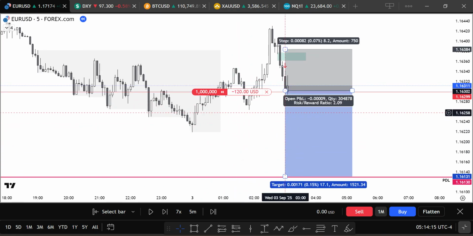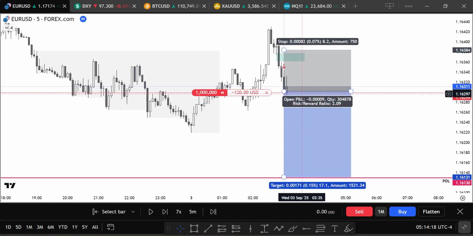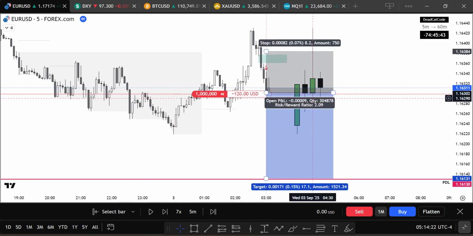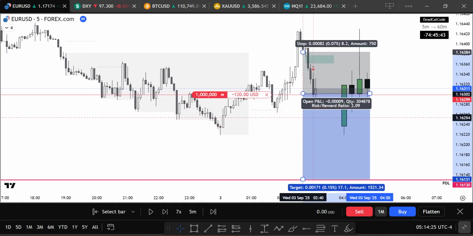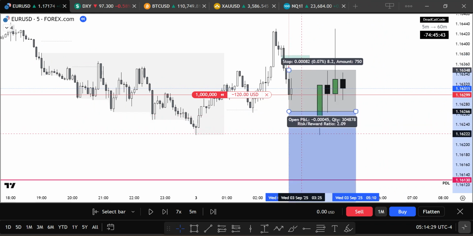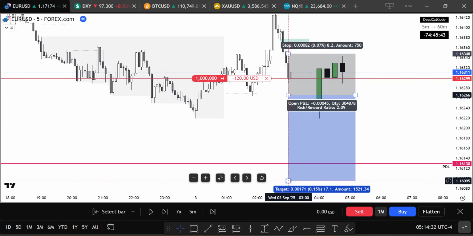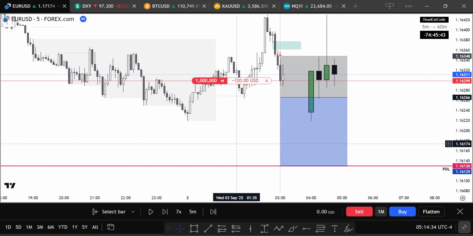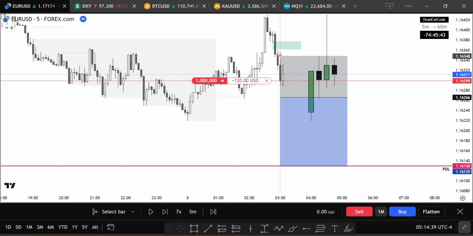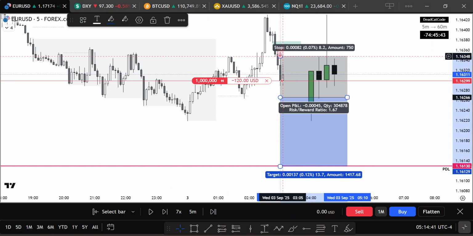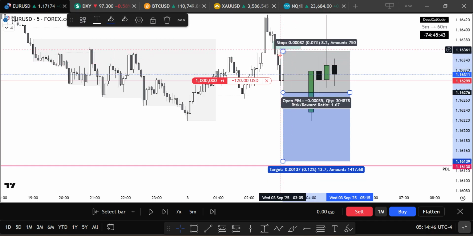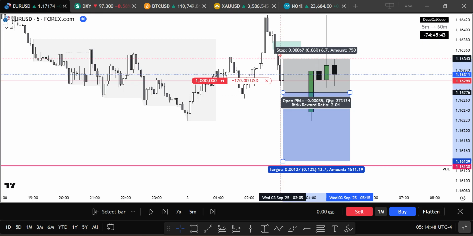Okay, next candle started. Next candle went up. Again, this 1 hour candle creates a wick. And what I did, I execute personally here. And I set a sell stop here for my VIP members, right? Like this. And I just set my SL here somewhere.